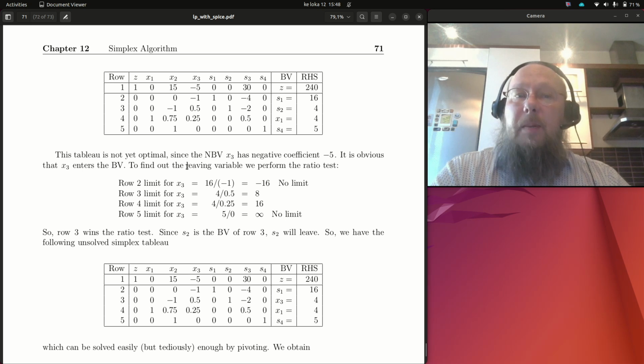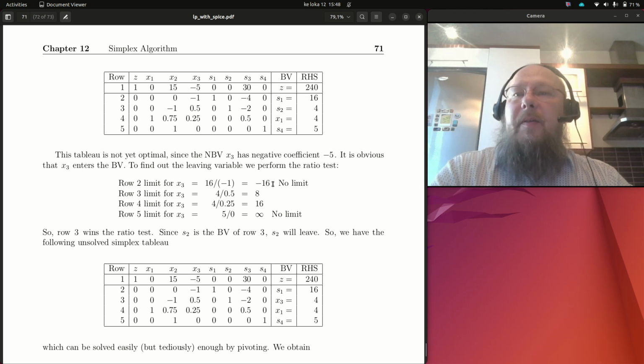So which one? And to find that out, we perform the ratio test. So we are looking at the x3 coefficients, these numbers, and then the right hand side, these numbers. So for row 2 we get 16 divided by -1, it's -16.